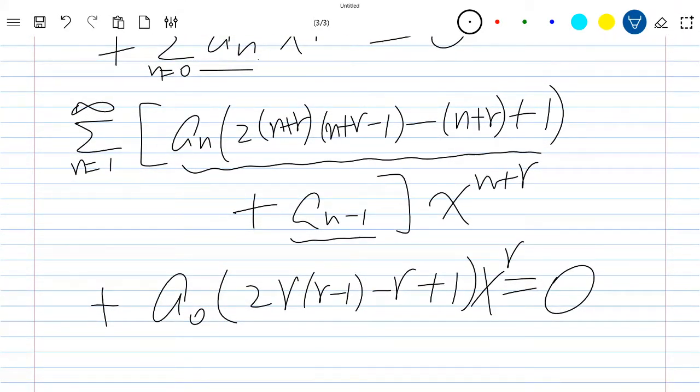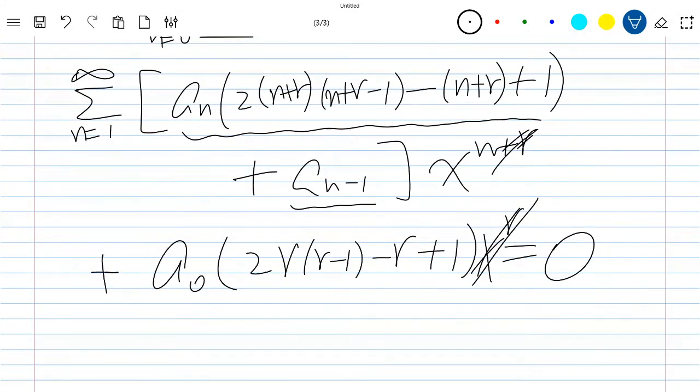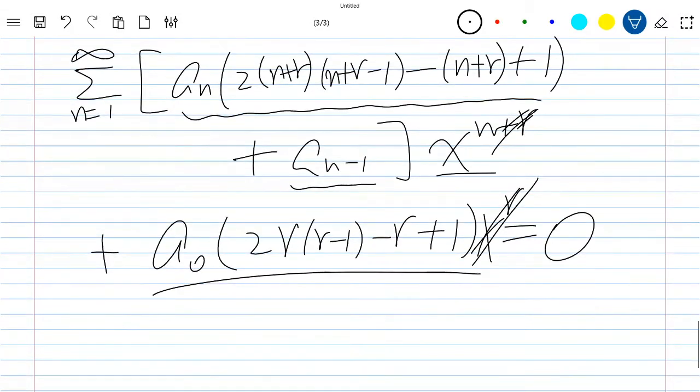Okay, so this is a power series except there's x to the r, but it's equal to 0, so we just cross out all of that. So now you see a power series. This is a constant term, and then n equals 1, you get x, n equals 2, you get x squared, etc. So this becomes a power series.